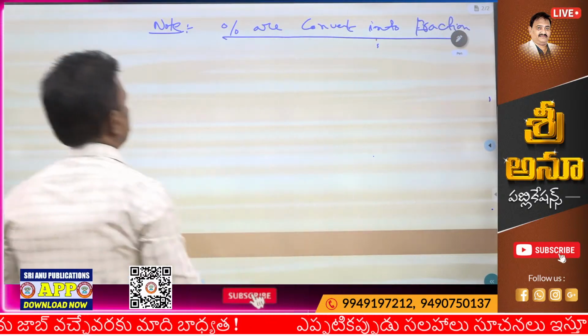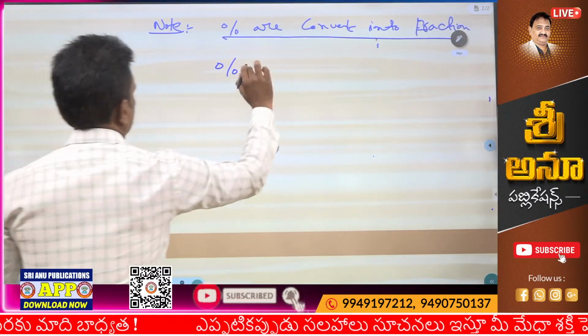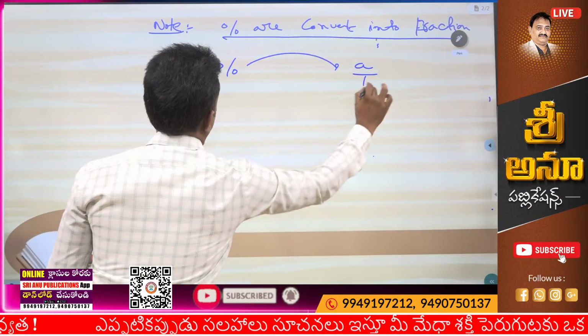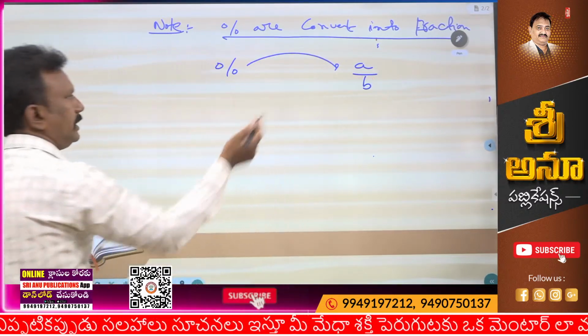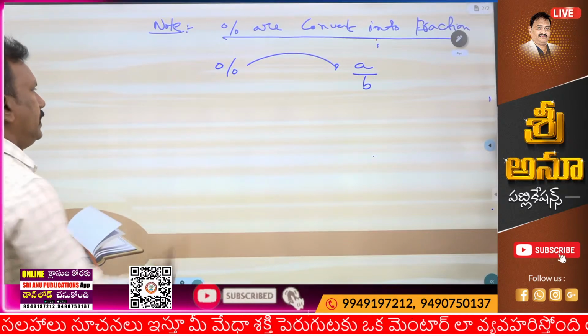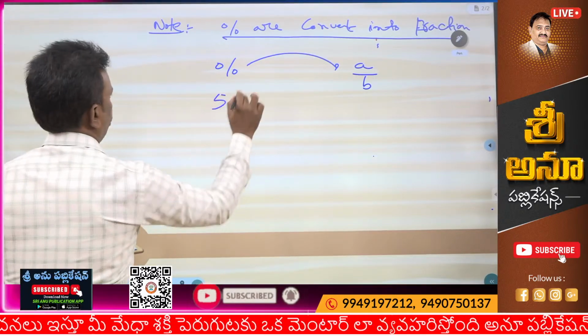Just write percentages are converted into fractions, a by b. Percentage converts into fraction. So, for example, 5%.